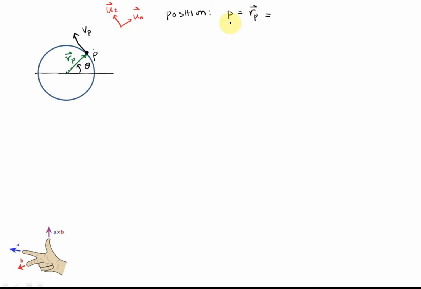The magnitude is just r, and the direction, right now the position vector direction is coming from the center to the outside, so I can write this as my normal vector like that. And how about the velocity? Let's see the velocity of P. The velocity of P is equal to the time differentiation of your position vector, like that.